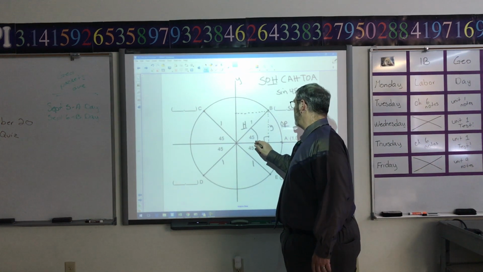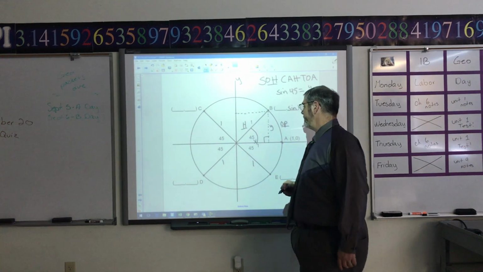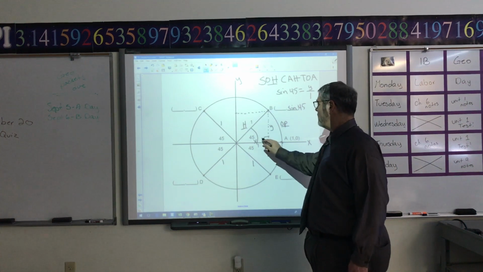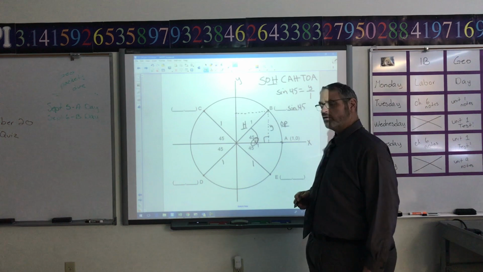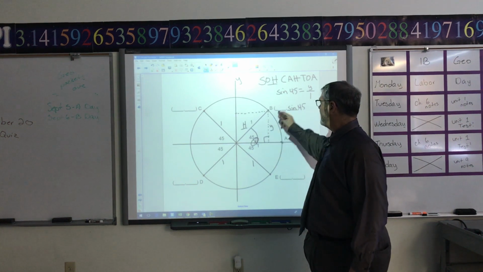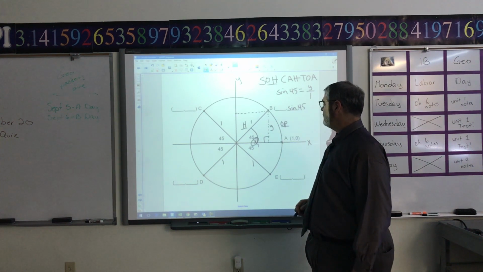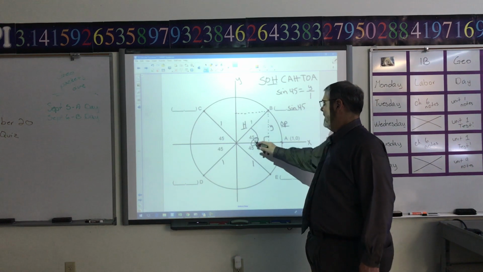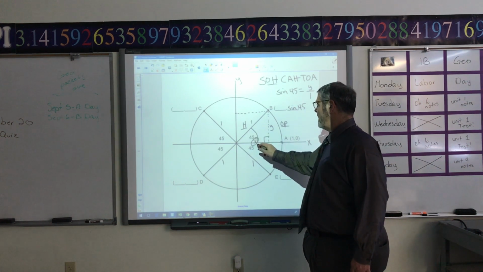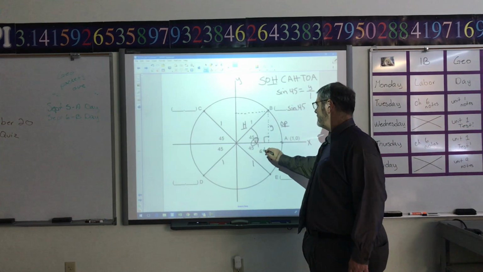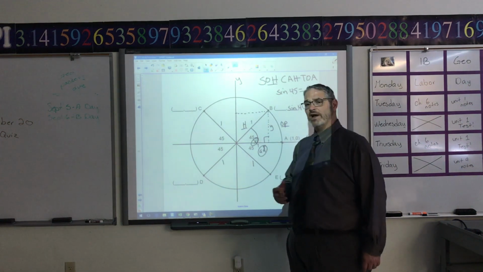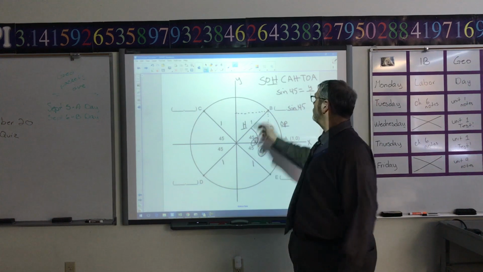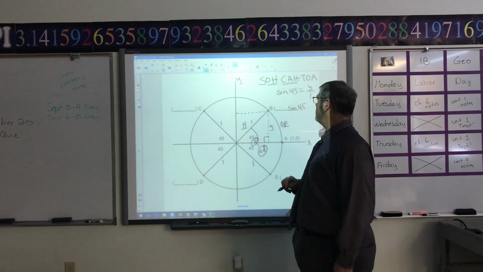Correspondingly, over here, for my x value, I still want to use SOHCAHTOA to find it. In relationship to 45, this is my adjacent side, and this is my hypotenuse, and we're trying to find adjacent, so we use cosine.